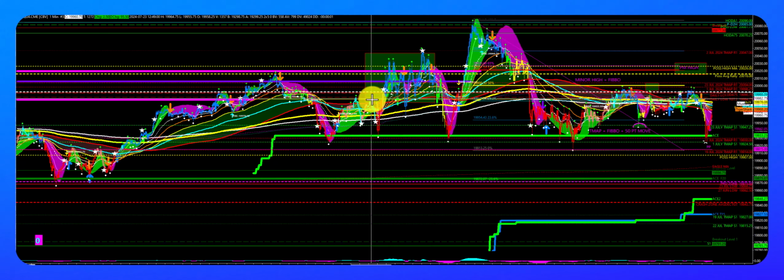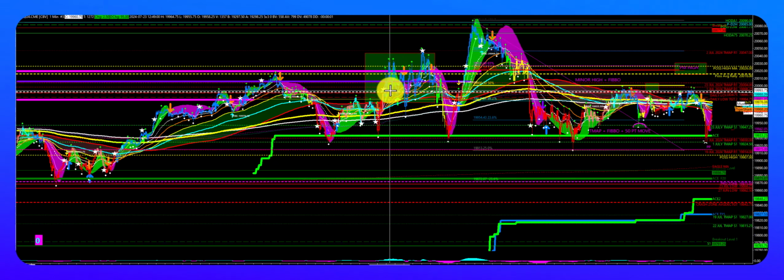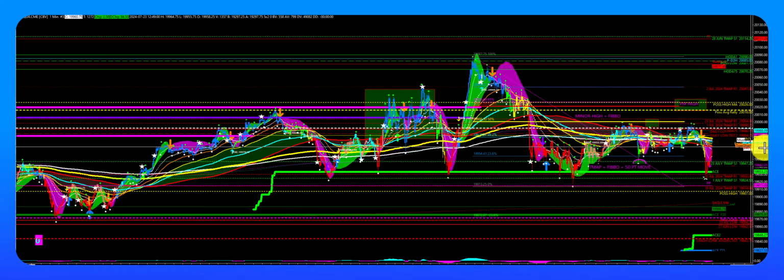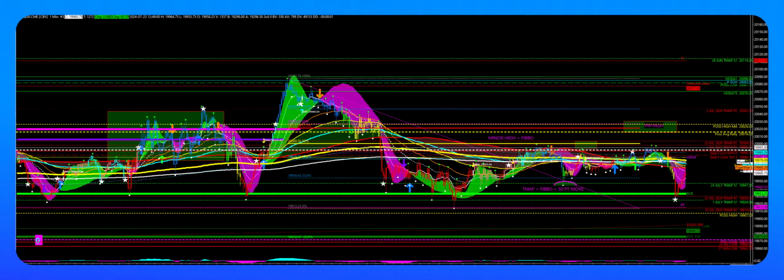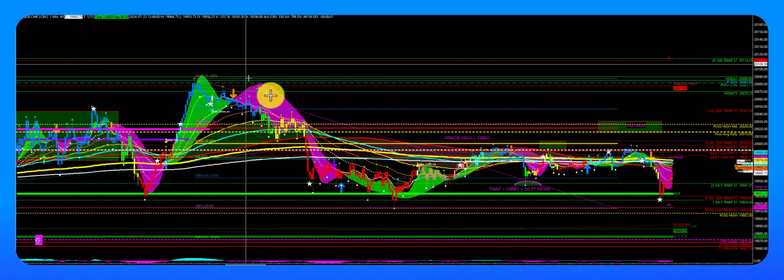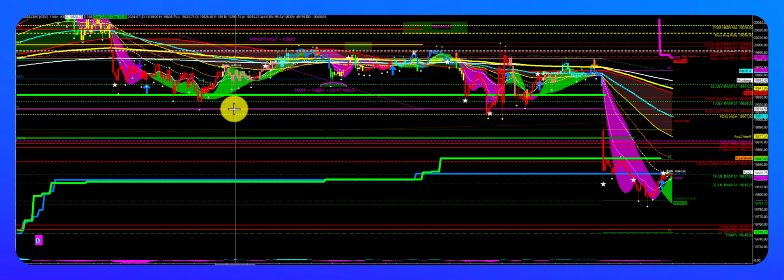Now look, we've had low, high, little pullback, high, pullback, high. Now I'm going to actually expand this because it's kind of hard to see the true distances in this time frame.